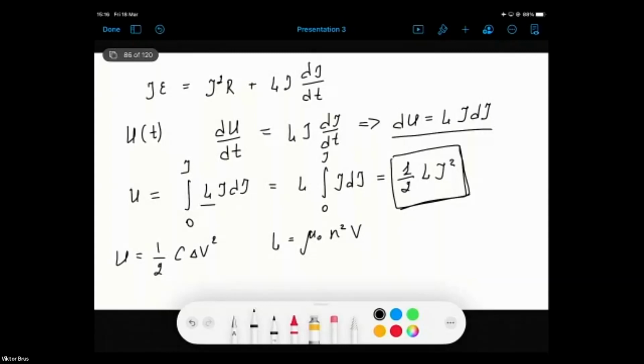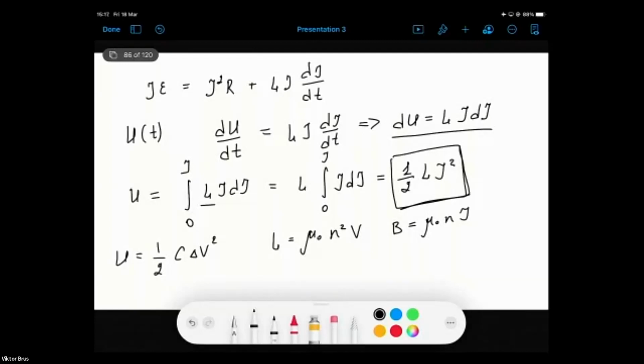This small n is number of turns per unit length. Then we also remember that magnetic field inside solenoid is mu naught times n, number of turns per unit length, times electric current. We have already derived this equation for magnetic field inside solenoid.